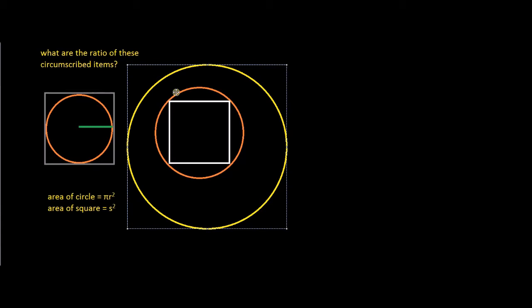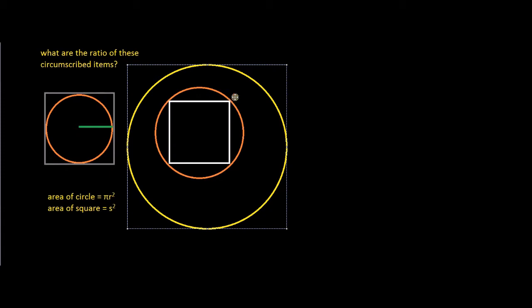So obviously the minimum size of a circle that circumscribes this square is one where the vertices of the square, the points of the corners of the square, are touching the circle. Because if you go any further in, then those vertices are no longer inside the circle.